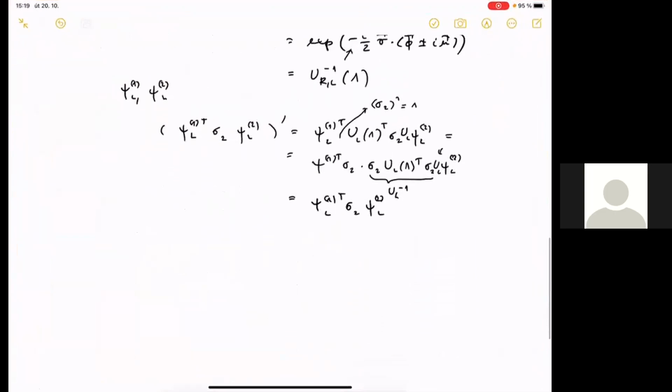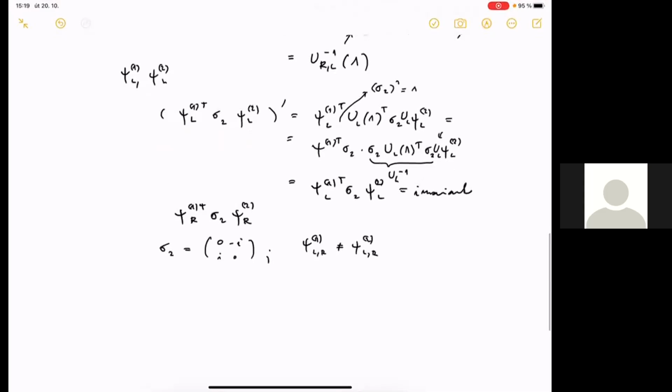So again, this is invariant. And in the same way, we can also form an analogous invariant from the right-handed spinors. But of course, since sigma 2 is an anti-symmetric matrix, it is necessary to have psi_1 different from psi_2, unless the invariant is 0.